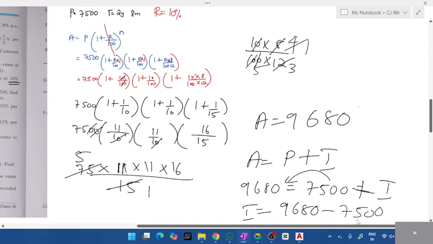This is without the formula. Using this, you can directly do it like this. All of you got 2180. Good. 2180.